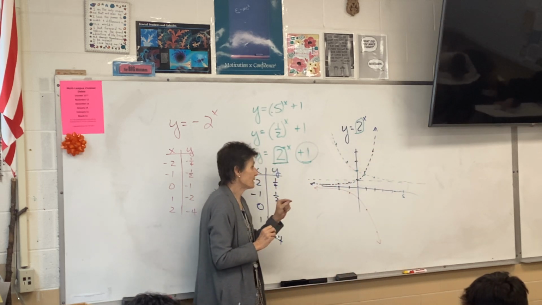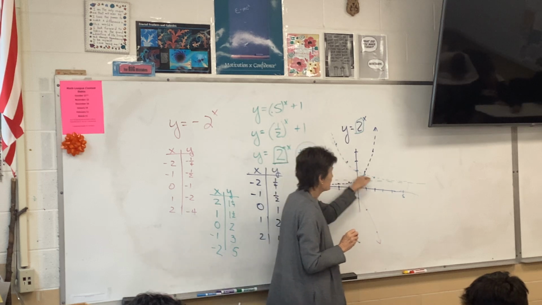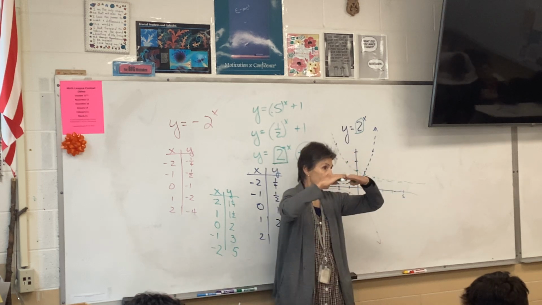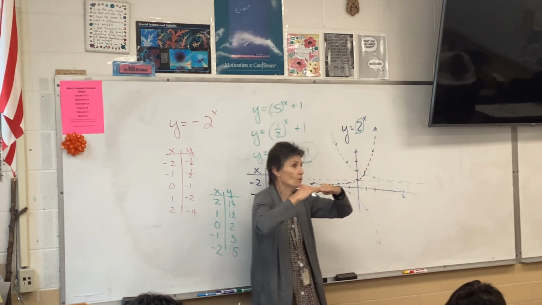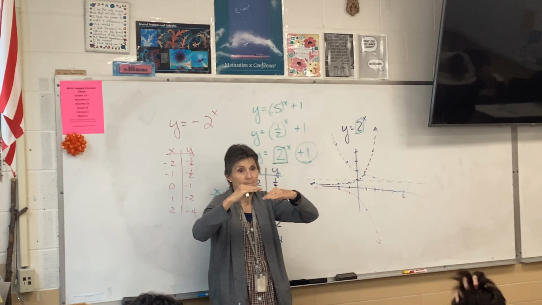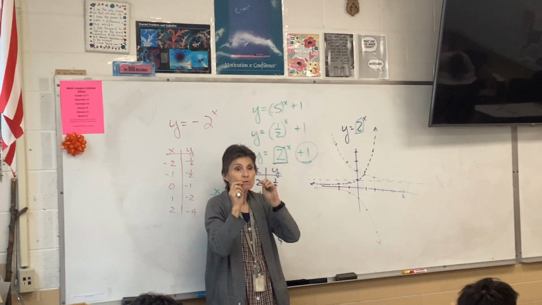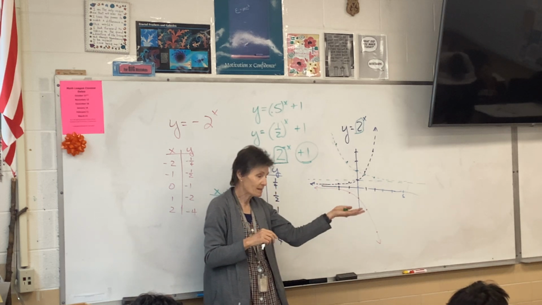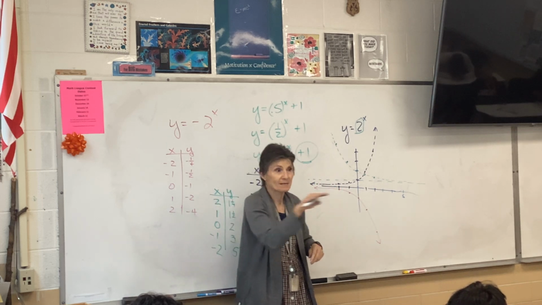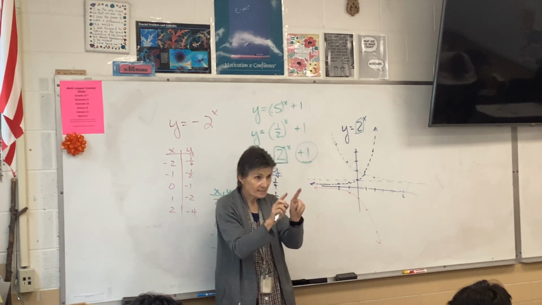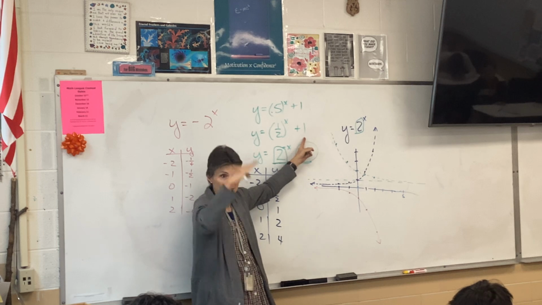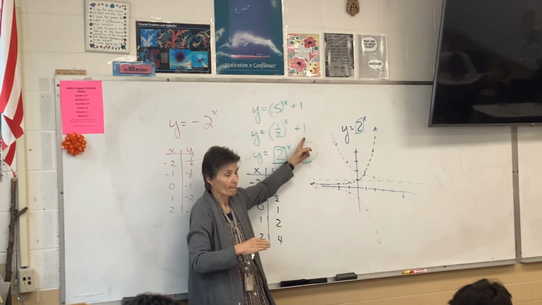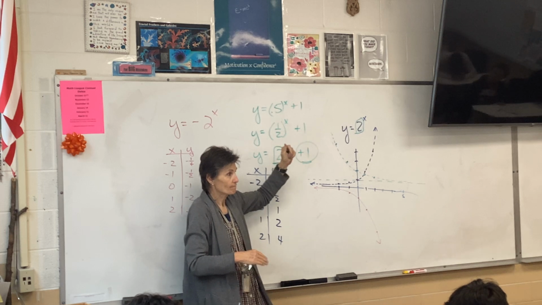You don't want to bring that green curve down to the x-axis, because it got picked up 1, and that means your horizontal asymptote is going to go up 1. In a normal exponential, like on your BFF card, the asymptote is at 0, and it's going to stay at 0 unless you add something or subtract something that will move it up and down.